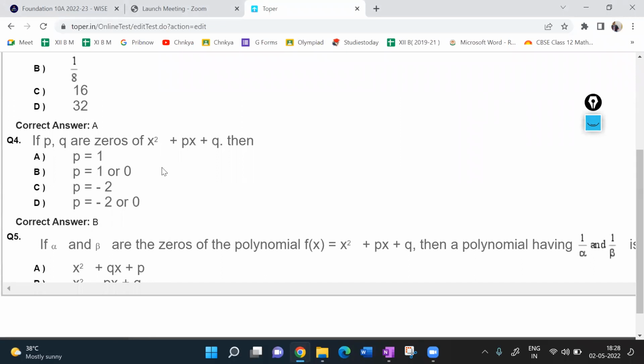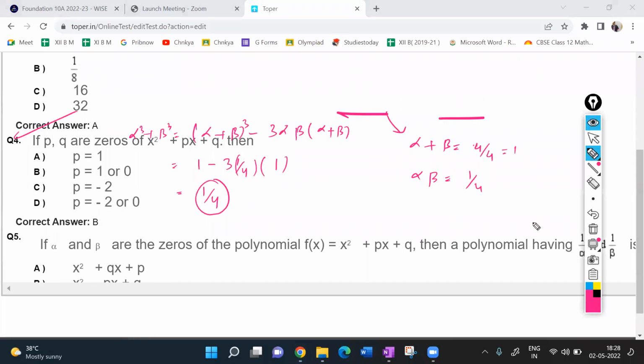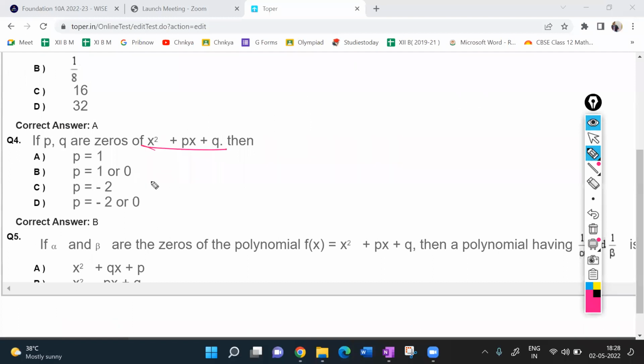P and Q are the zeros of this quadratic equation. Then P is equal to, it is asking. So alpha plus beta, P plus Q is equal to minus P here. Correct? So 2 times P is equal to minus Q. P is equal to minus Q by 2. And PQ is equal to Q. Correct? Then what we need to find out here? We need to find out the zeros of the equation.